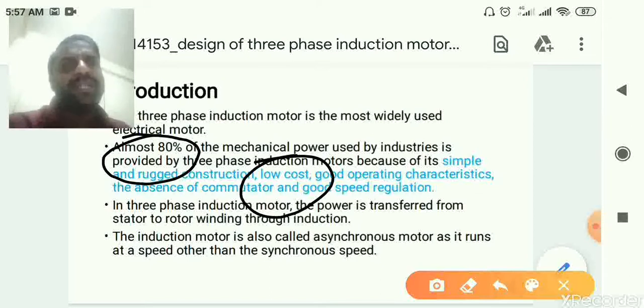According to Lenz's law, the rotor flux opposes the stator flux. Because of this, the rotor flux always tries to minimize the relative speed, or the speed difference, between the rotating magnetic flux and the rotor, due to which the rotor starts to rotate in the same direction as the stator flux.